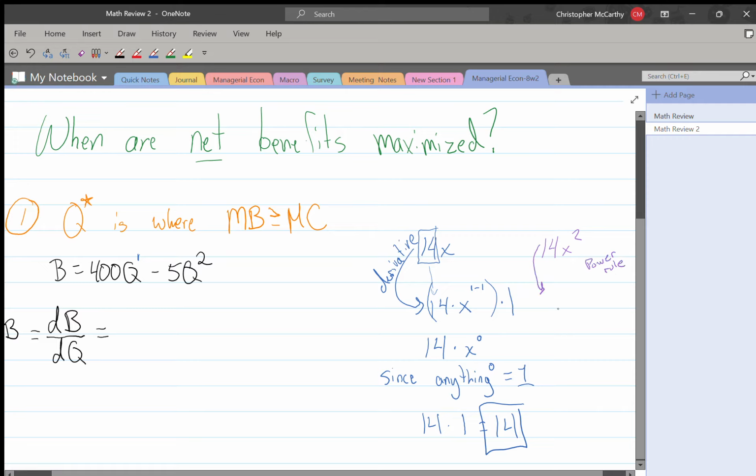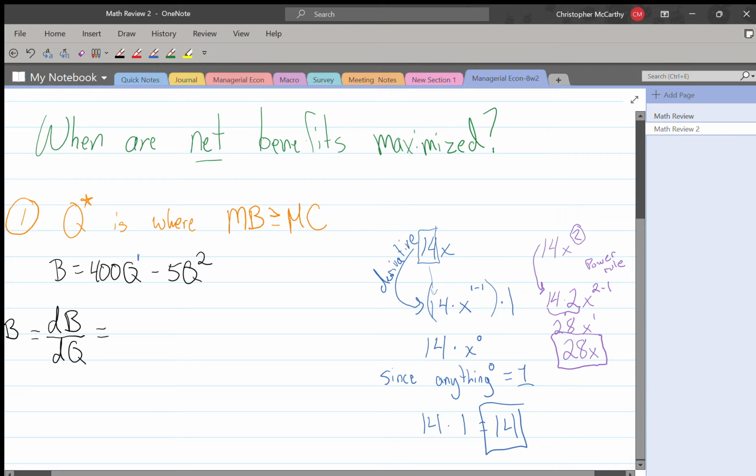I copy that constant, multiply it by the exponent, and then subtract 1 from the exponent. So 14 times 2 is 28. X to the 2 minus 1 is just x to the 1 power. The derivative of 14x squared is 28x.